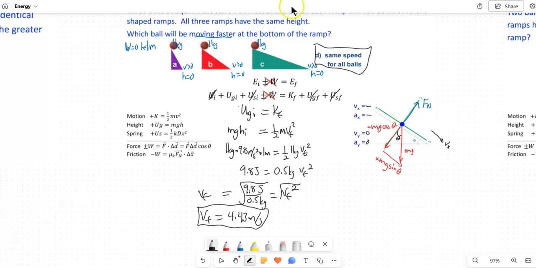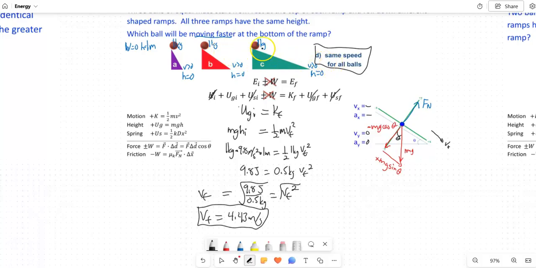Now, who gets to the bottom of the ramp first? Obviously, the one with the shortest path is going to get to the bottom of the ramp first. So A is going to take the least amount of time to get to the bottom of the ramp. So that first question, who's going to get to the bottom of the ramp first? A. Now, just because it gets to the bottom of the ramp first doesn't mean it's traveling any faster than the other balls.